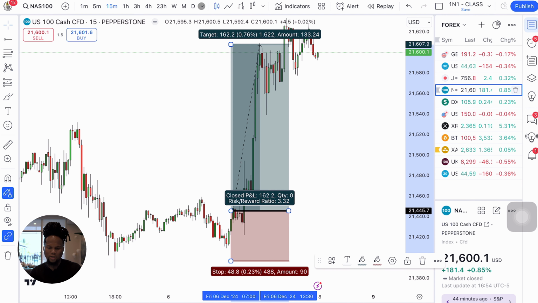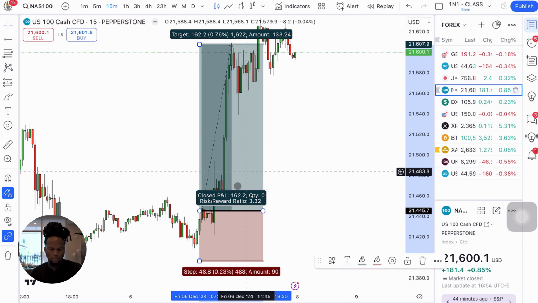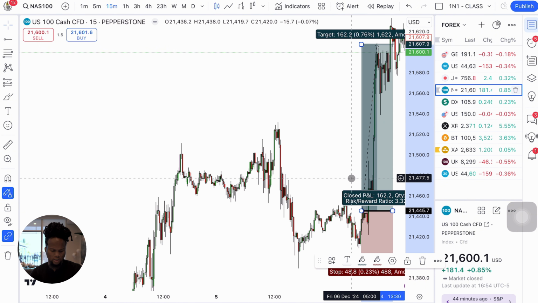So let me just do some more examples, right? So stop loss below, entry here, and this is it for NAS 100. Let me do one more example for NAS 100 also.